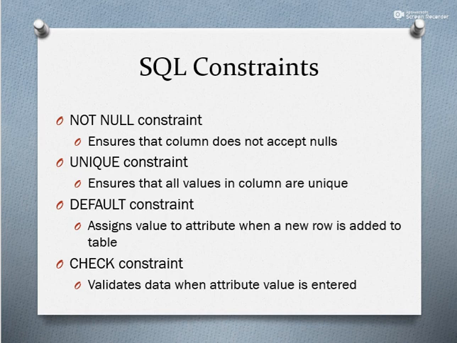Then we have a check constraint. Check constraint is used to validate data when an attribute value is entered. Like when we enter data into a form, we have some validation rules for the different fields. So the same is the check constraint, it does precisely what its name suggests. It checks to see that a specific condition exists. For example, the minimum order value must be at least 10.